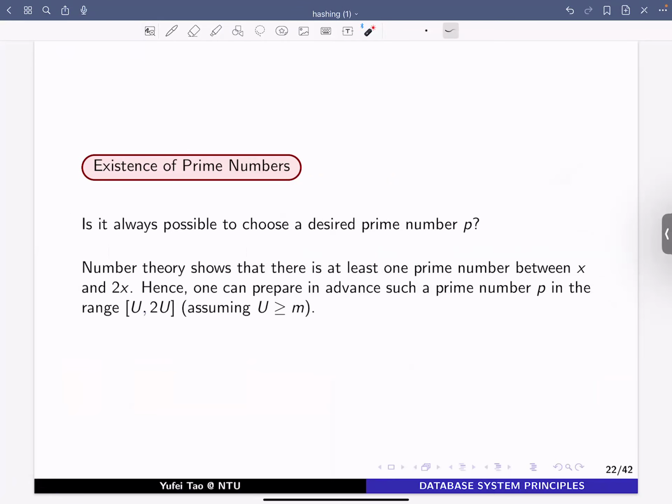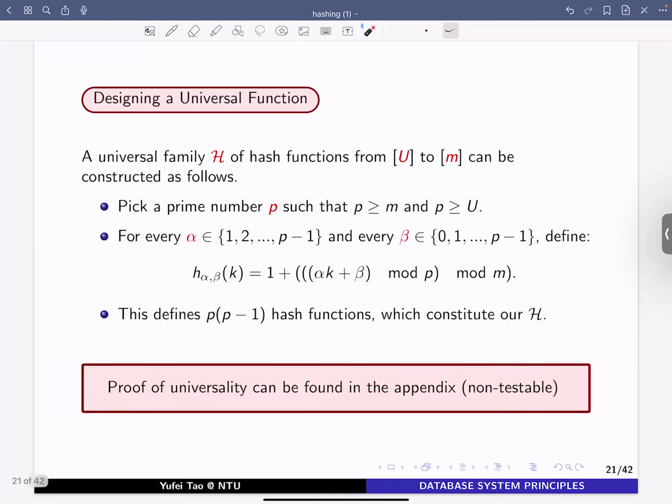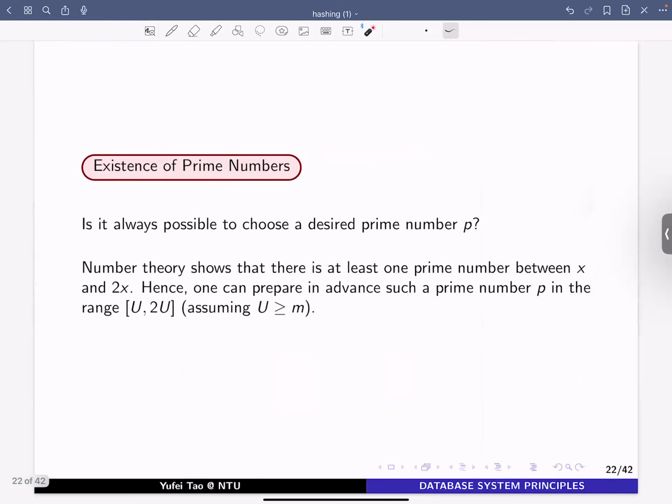Well, one comment concerns the existence of this p, because some students would say, hey, this prime number is so big, can I always find such a prime number? Well, the answer is absolutely yes. Number theory says that for any x, between x and 2x there must be a prime number for sure.